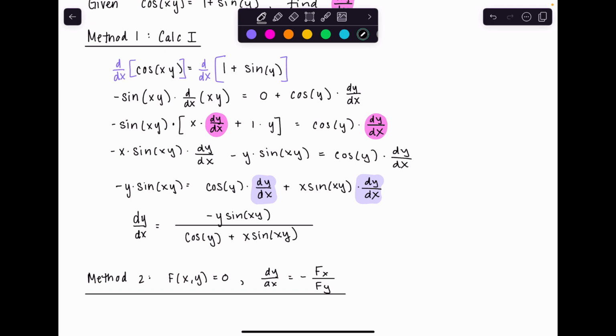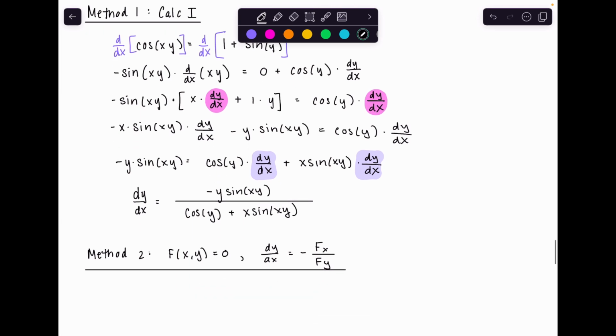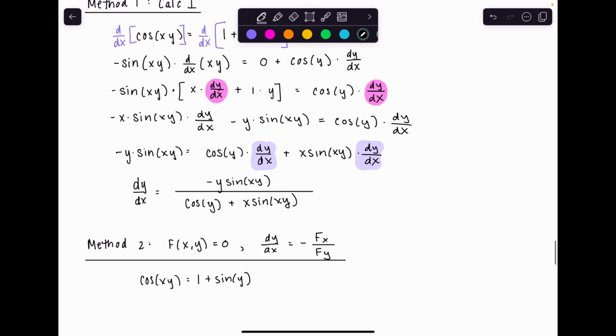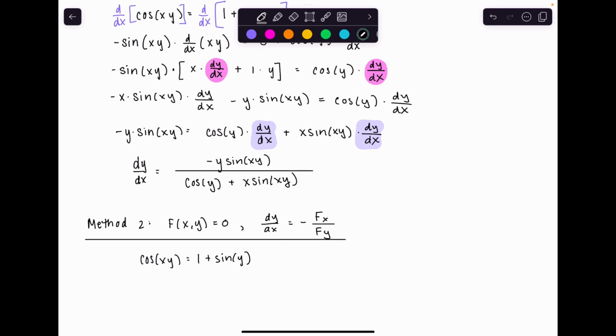I should end up with exactly the same result. Just copying down what we had to start, this is cosine of xy is 1 plus sine of y. I just want to move everything to one side. So completely up to you. You could move both of these over, or you could move this to the other side. It honestly makes no difference whatsoever.